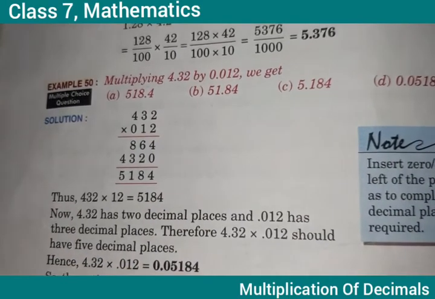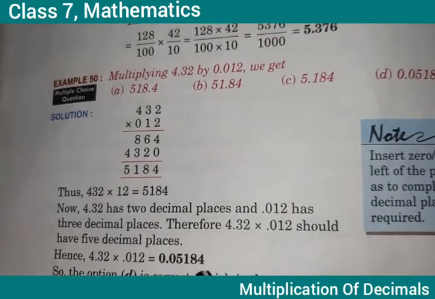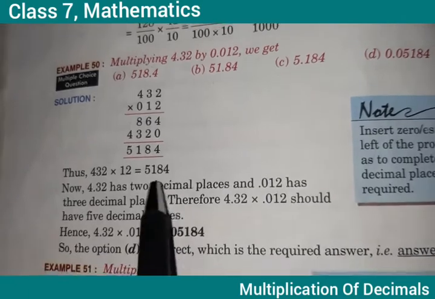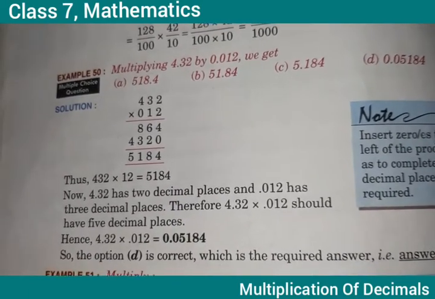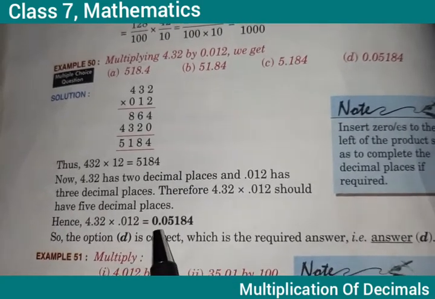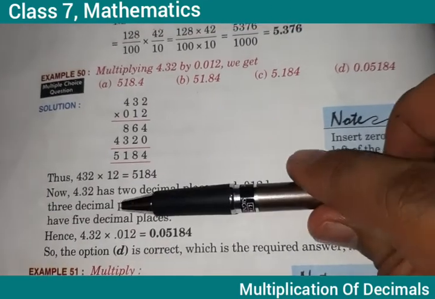So in such cases we insert a 0 on the left hand side. Why on the left hand side and not on the right hand side? See, if I put a 0 here, it will be the wrong procedure. We need to put the decimal towards the left hand side, because whenever we put the decimal we move from right to left.